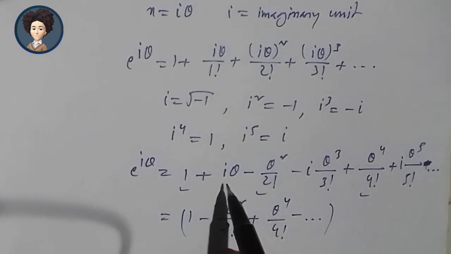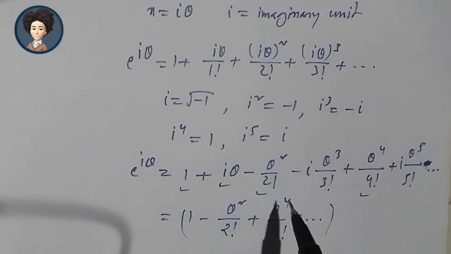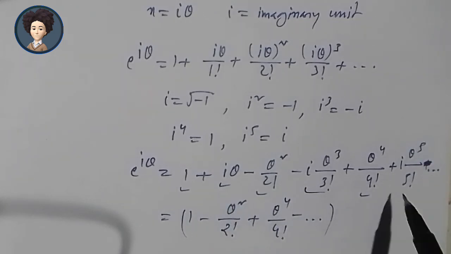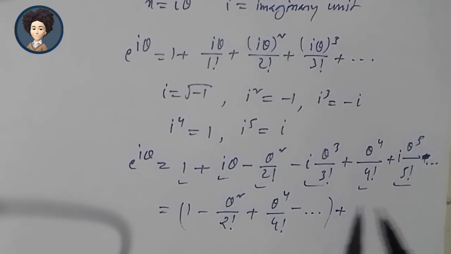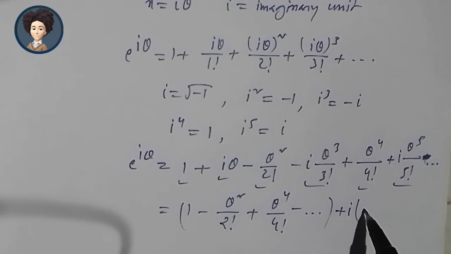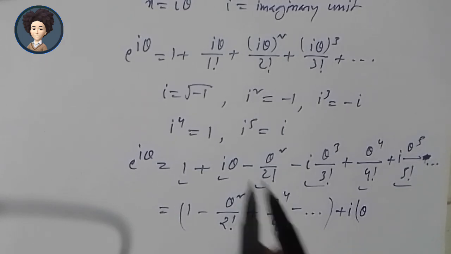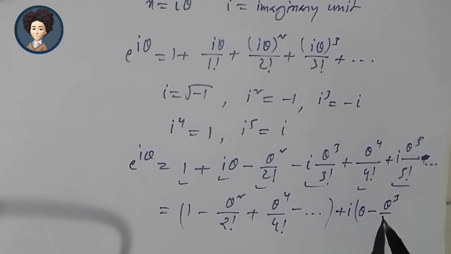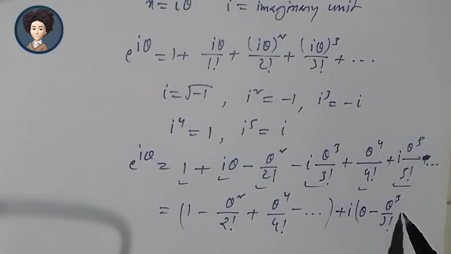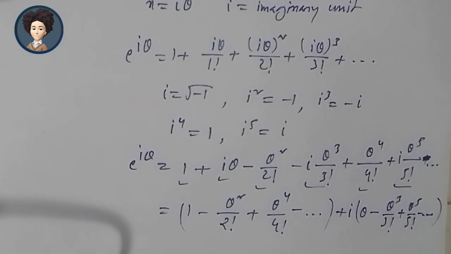Then let's group the imaginary terms: this is i theta and this one, so i is common, and inside the bracket we have theta minus theta cubed by 3 factorial plus theta to the power 5 by 5 factorial minus, and so on.